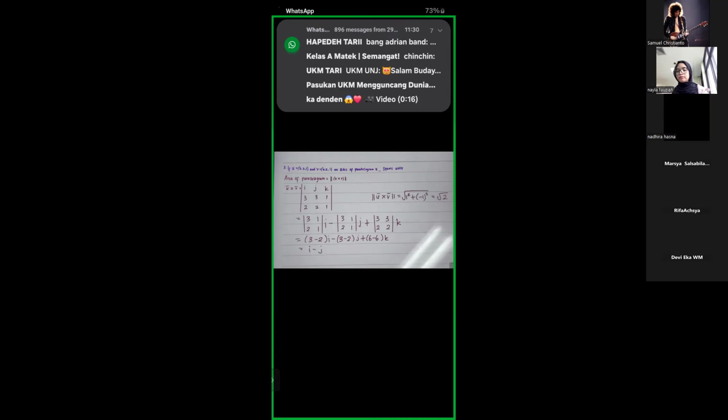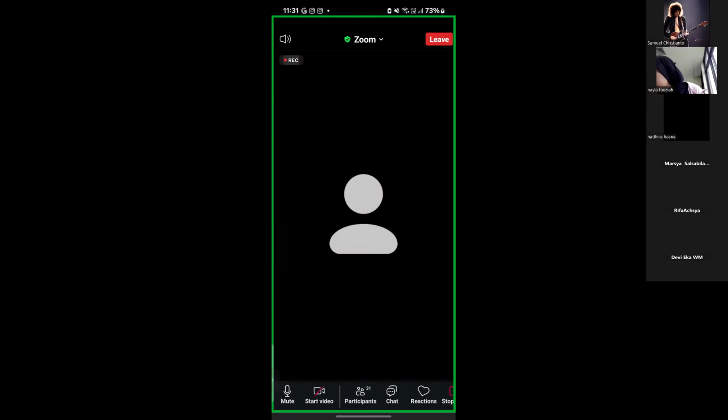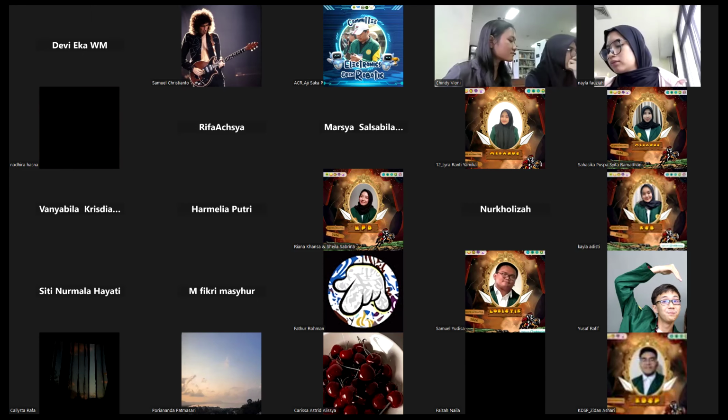From vector U times vector V, we take the square root of 1 to the power of 2 plus -1 to the power of 2. So that means we got the square root of 2. That's all, Marsha.